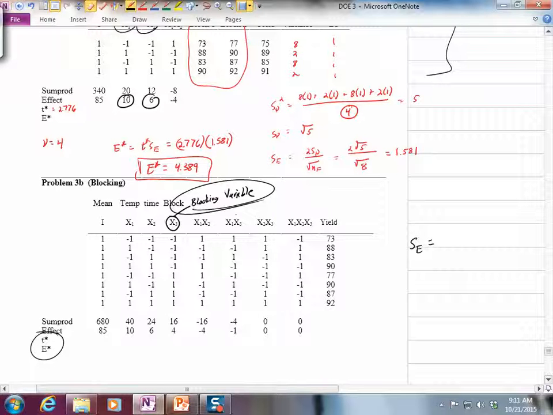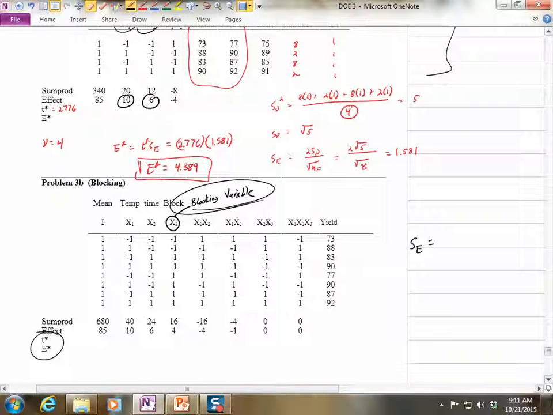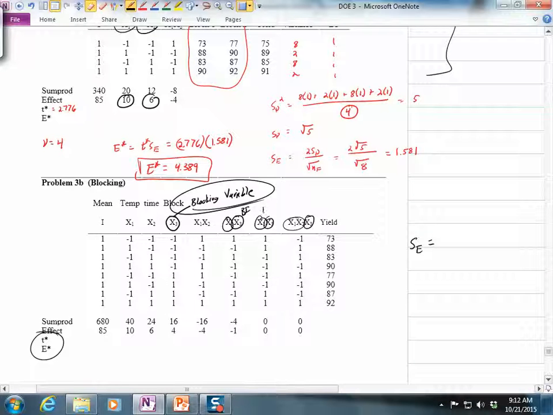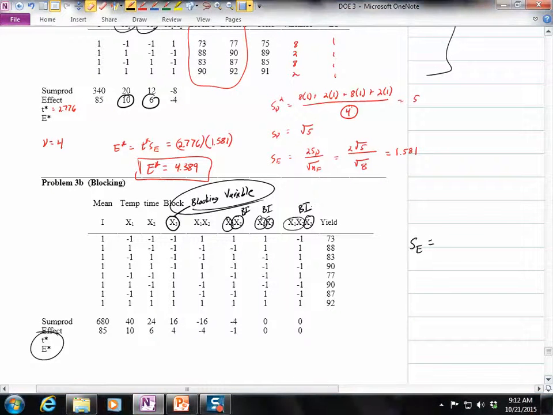All right, so it looks like I've looked around. Most people are down the path of I need SE, which is the noise of the effects. And to do that, you need to identify the blocking interactions, which are the interactions between factors and blocking variables. Factor, blocking variable, factor. So, did you identify those three effects as the blocking factor interactions?